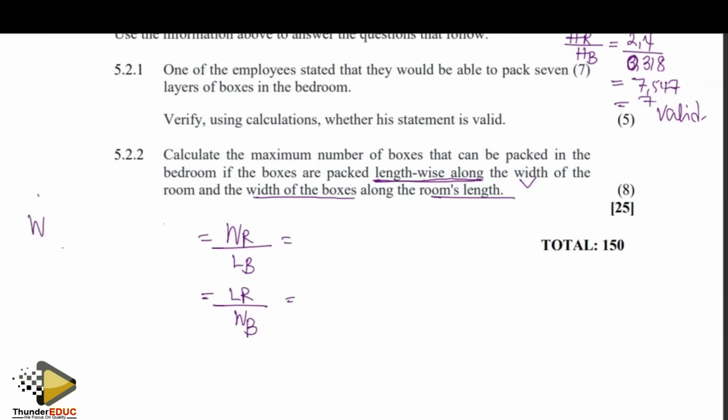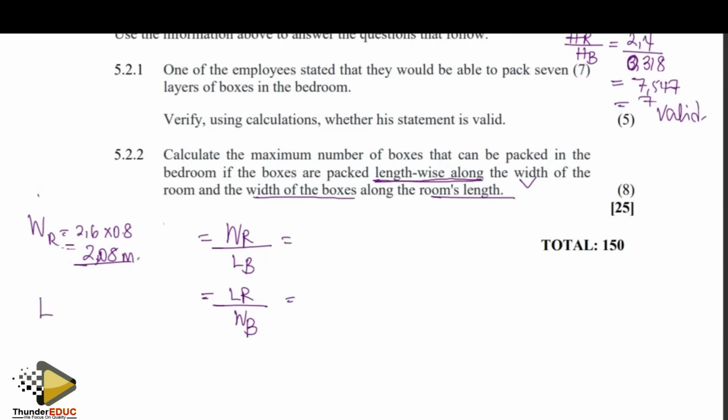The width of the room is 2.6. 20% has been removed. That means you're remaining with 80%, which is 2.6 times 0.8, remaining with 2.08 meters.